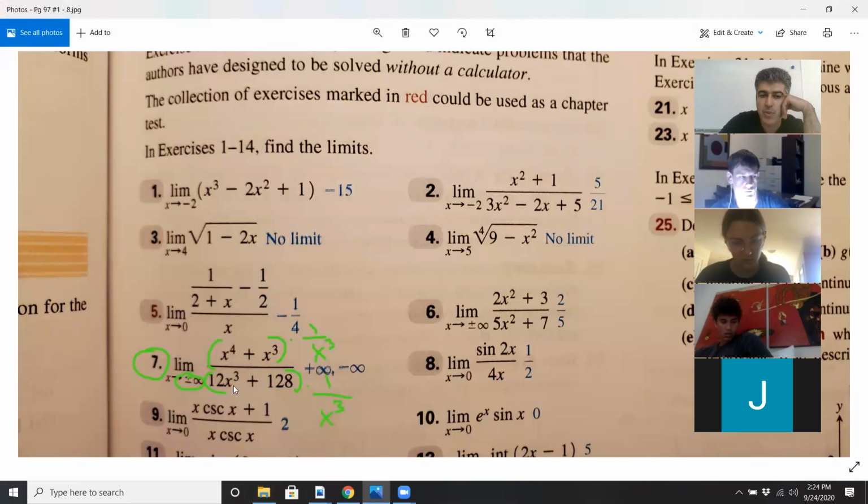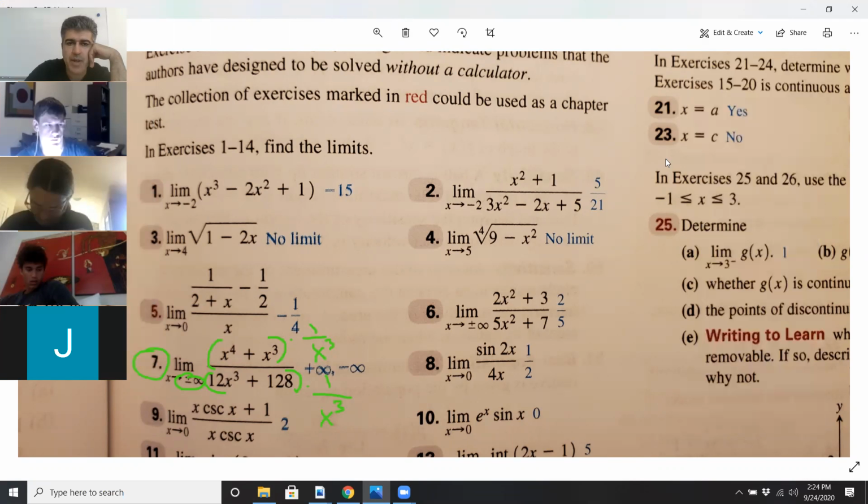Multiply top and bottom by 1 over x cubed. So whatever the highest degree of the denominator is, we multiply it to every term in this rational expression. If you clean it up, you should have x^4 over x^3 plus x^3 over x^3, and then you have 12x^3 over x^3 plus 128 over x^3.